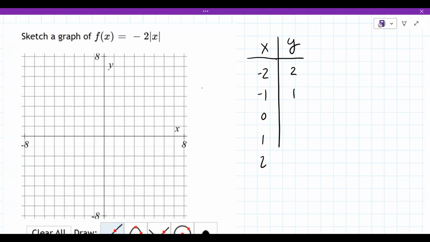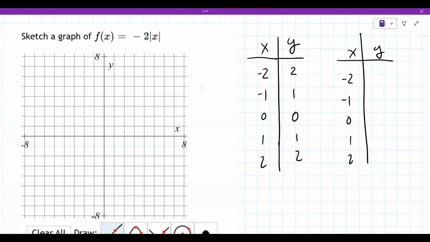The y values will be negative, obviously, so it's flipped upside down. And then the y values are also stretched, correct? Stretch multiplied by 2. Notice there's no change to the x values.